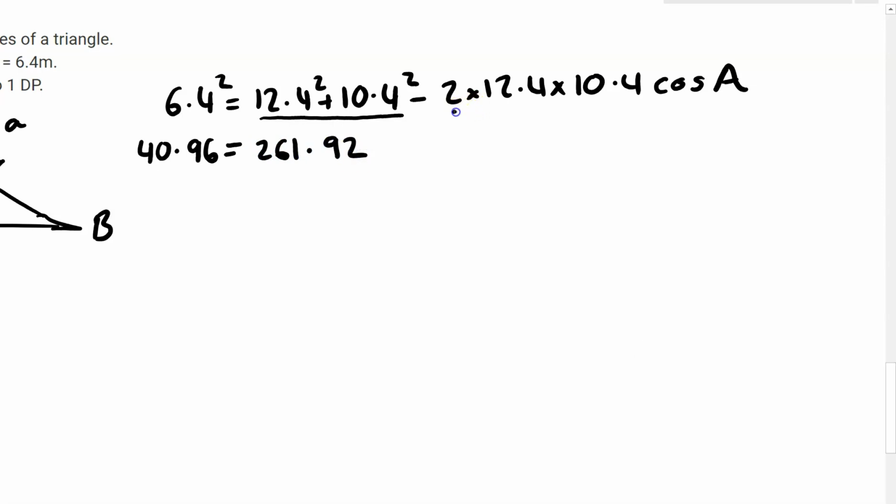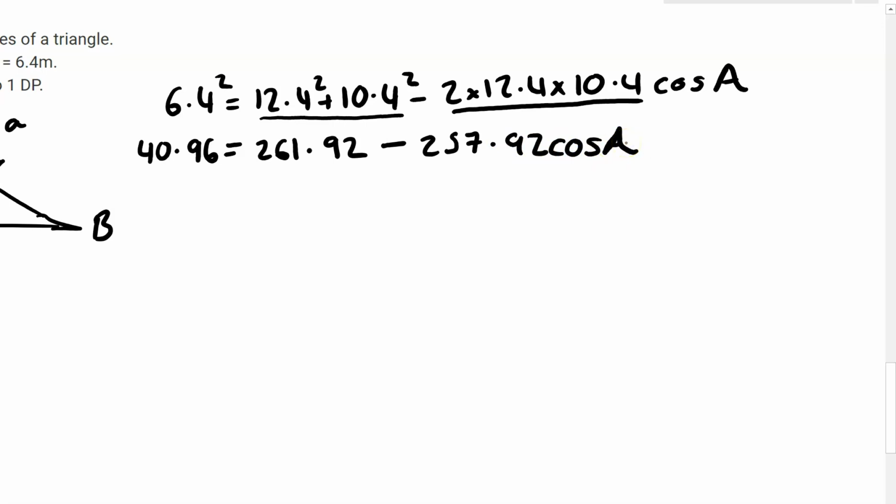And we can work out what this bit is, so minus 2 lots of 12.4 times 10.4 is 257.92. That is multiplied by cos A.